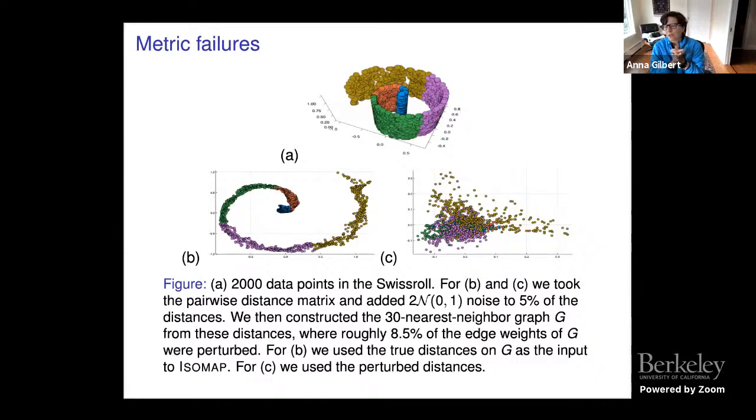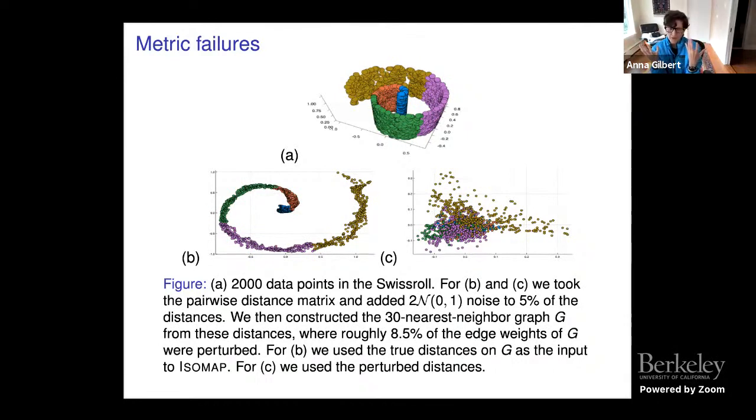And I'm going to do a little thought experiment where I take a clean version, and then I take this noisy version. Now, what I am going to try and embed into 2 dimensions is this nearest neighbor graph, one which is nice and clean, and the other one which has roughly 8%, 9% of the edge weights just completely perturbed. So, the edges and the vertices are exactly the same. It's just that the edge weights are perturbed. And I use both of these as input to Isomap.